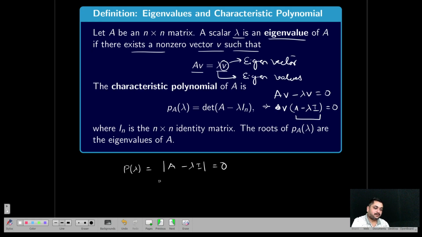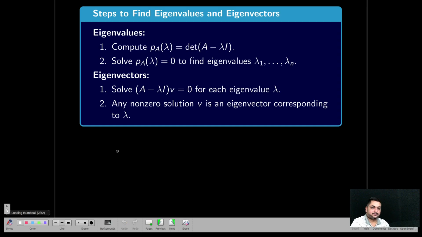Once you find the eigenvalues, you will find the eigenvectors. So first, what is the procedure? Find the characteristic polynomial equation. Then solve that equation by equating it to 0 and find all the possible eigenvalues. If the polynomial is of order n, you will have n eigenvalues.